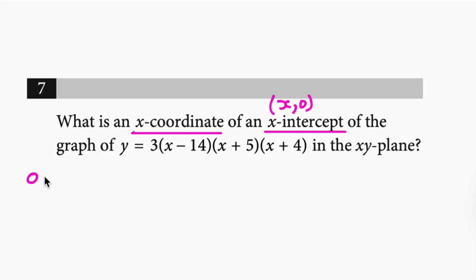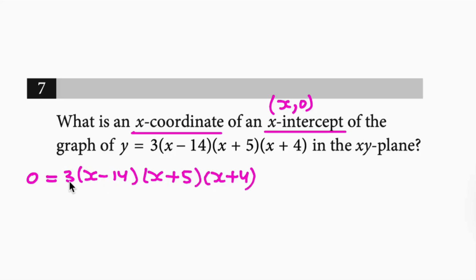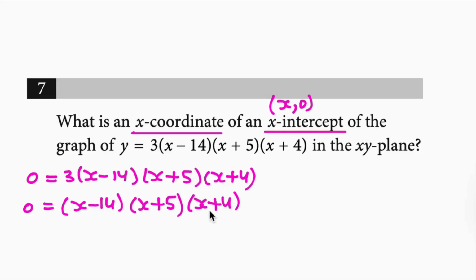Okay. 0 = 3(x - 14)(x + 5)(x + 4). Because this 3 is a constant, let's divide it on both sides and we will get 0 = (x - 14)(x + 5)(x + 4).